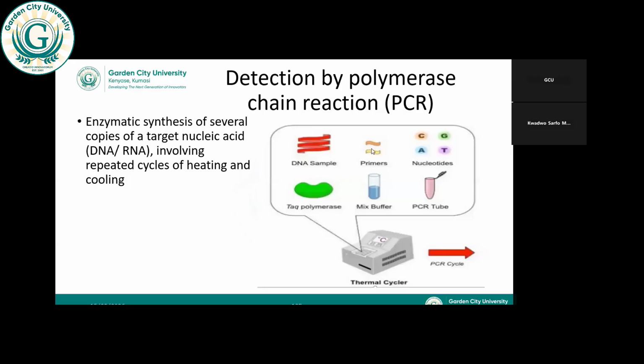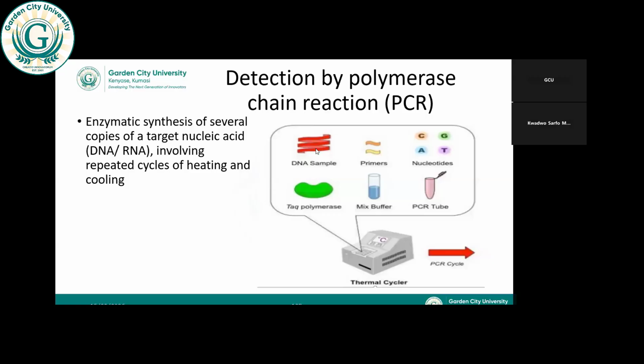They are specific. Once they are able to bind to your target virus, then the polymerase can then add the nucleotides to build and extend this primer. You know, the primer is shorter than the target. So once the primer binds to the target, then the polymerase, which is the enzyme, will add the nucleotides to elongate so that you have a copy of the target doubled.